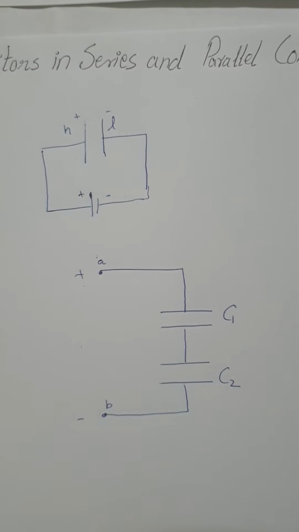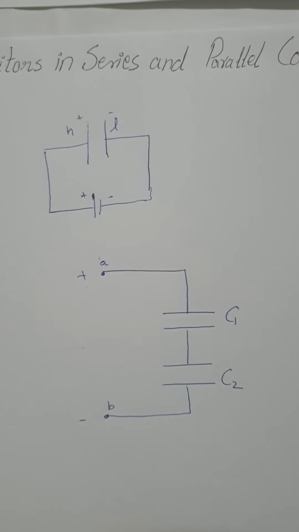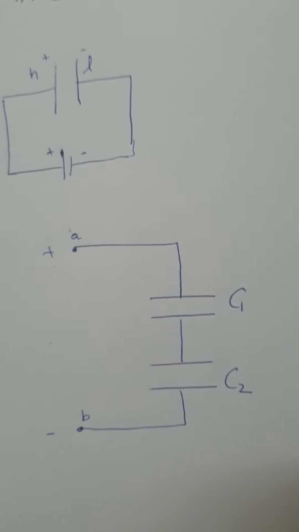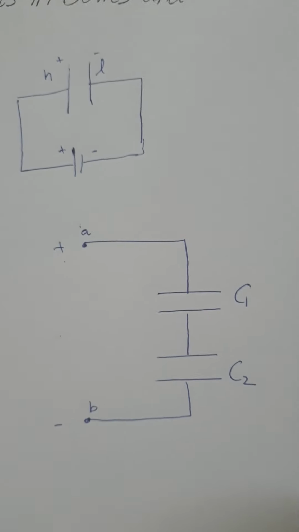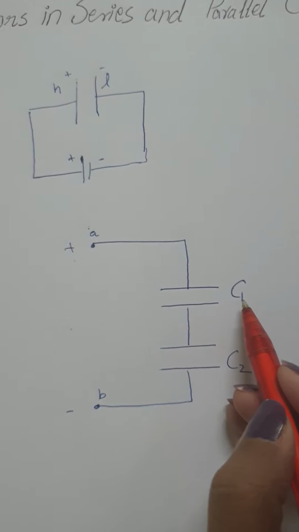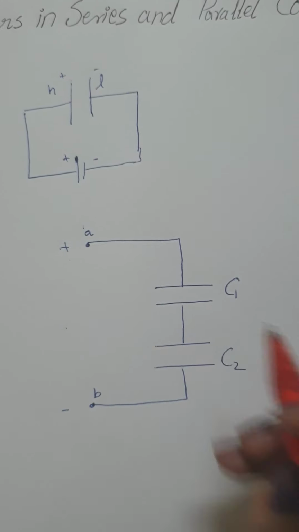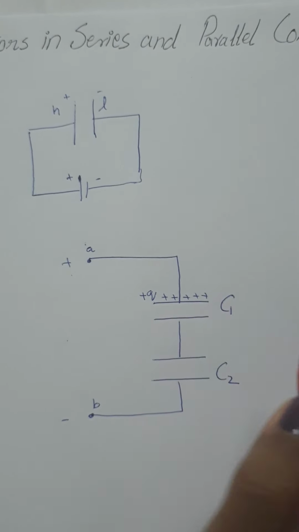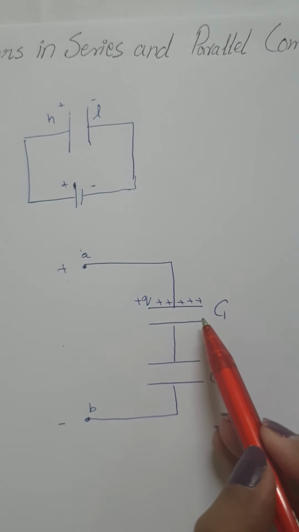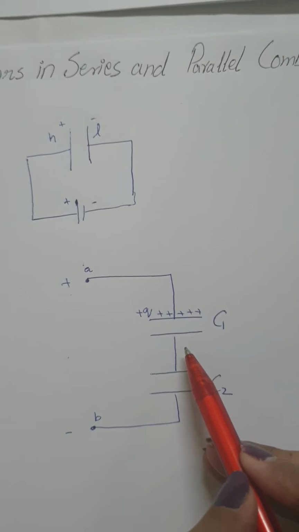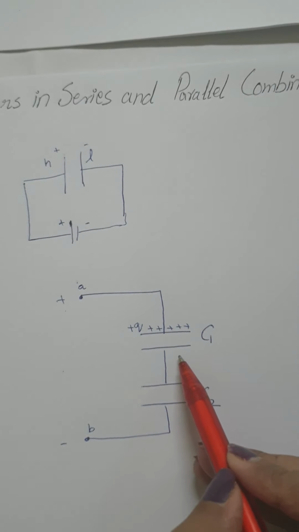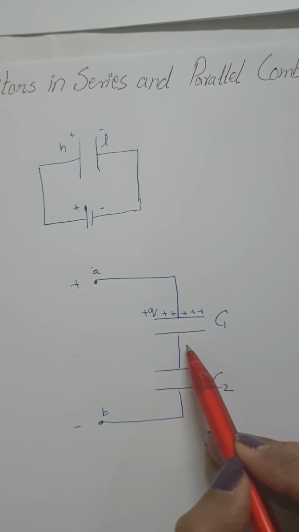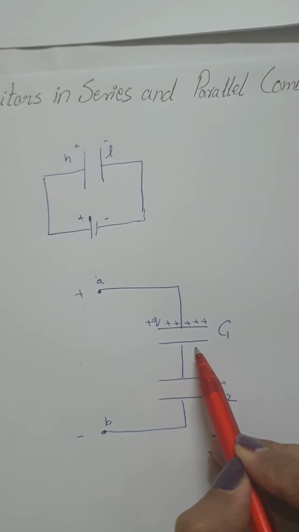So both capacitors are uncharged initially. When a constant potential difference is applied by the battery, the capacitors become charged. How does it work? Let's start from the top plate of capacitor C1, which acquires a positive charge. The electric field lines of the positive charge pull the negative charge up to the bottom plate of C1 until all the field lines begin on the top plate and end on the bottom plate.